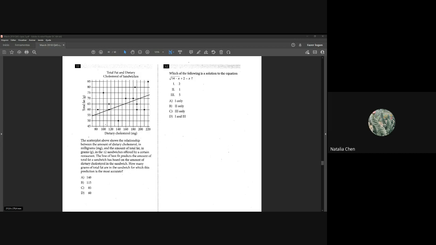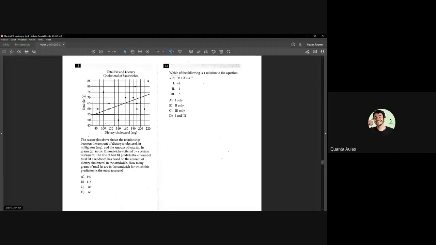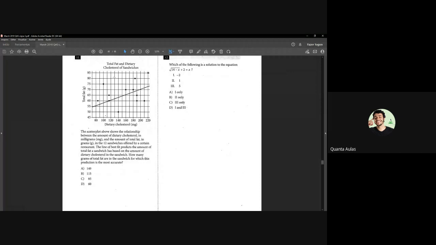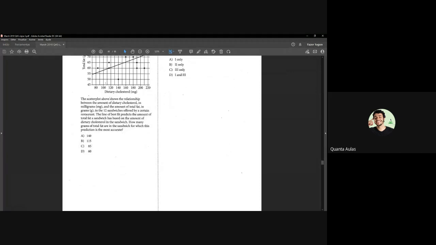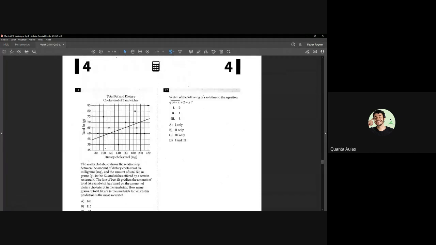How many grams of total fat are in the sandwich for which this prediction is most accurate? B. 15. É, né? Se bem que esses pontos estão bem fora de qualquer proposta de uma reta, né? Como explicação, mas tudo bem.